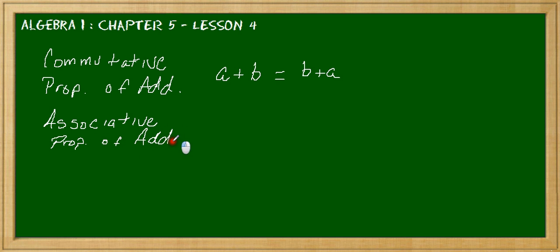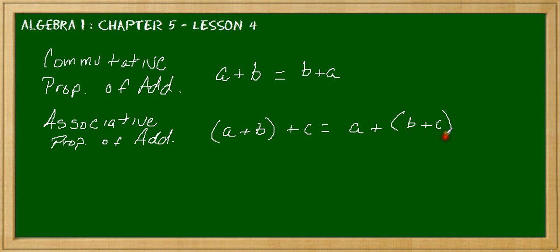And so what do we have? We have A plus B in parentheses, right? So we have A plus B and plus C, and that's going to be equal to A. Now notice the A is outside of the parentheses, and B and C are in parentheses.